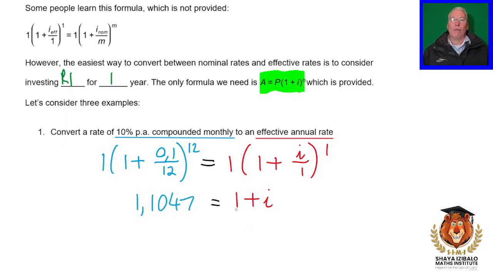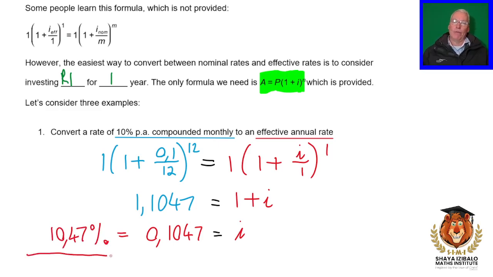Now we're going to subtract 1 from both sides. And we get i equals 0,1047. Now 0,1047 is actually 10,47%. And that is our effective rate.